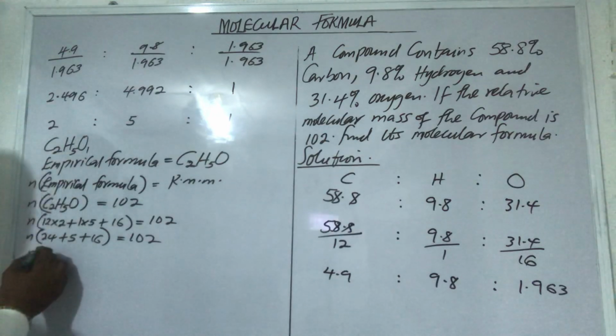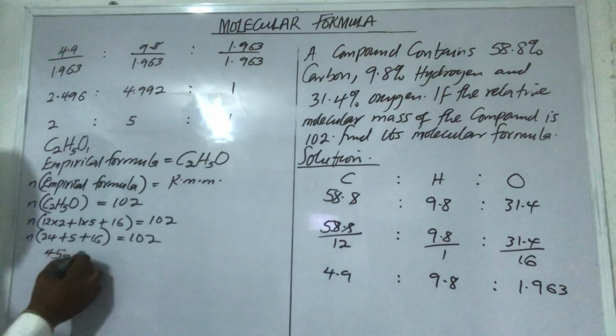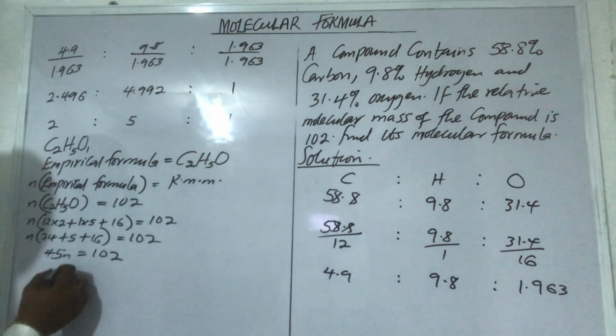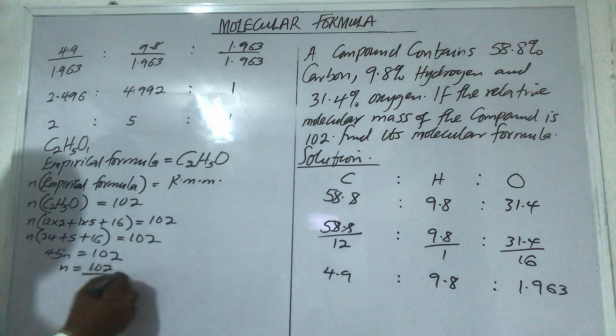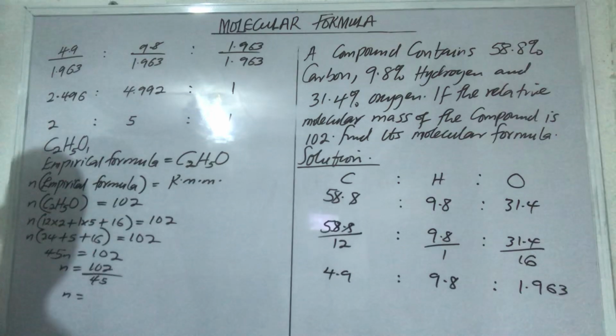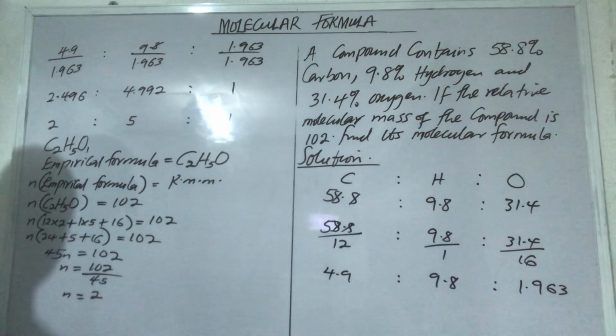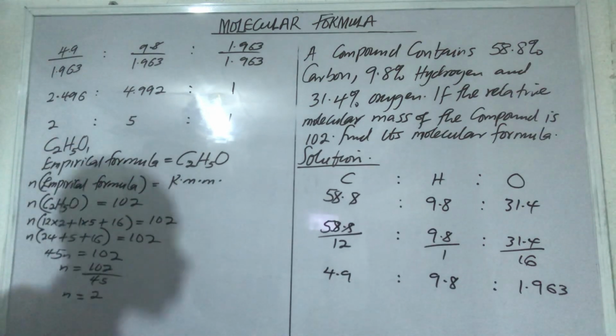That's 45. So this will give me 45N equal to 102. Then N is 102 divided by 45. So N is 2.